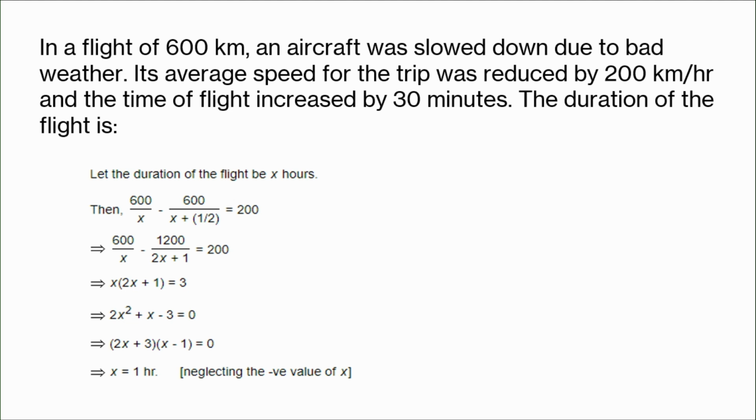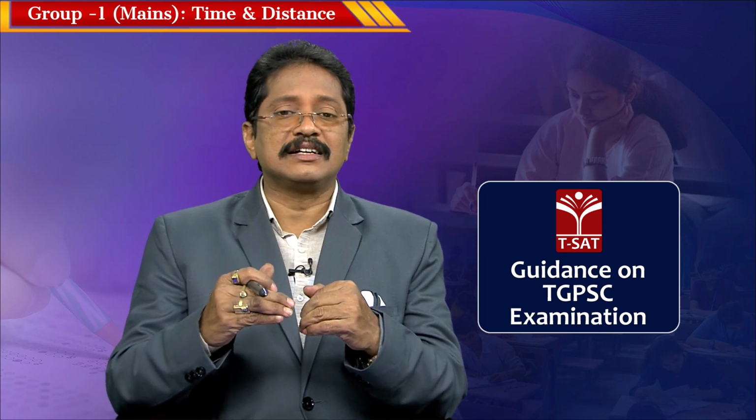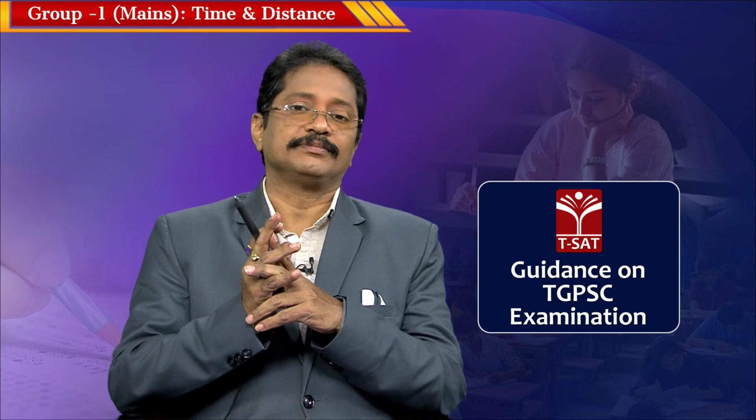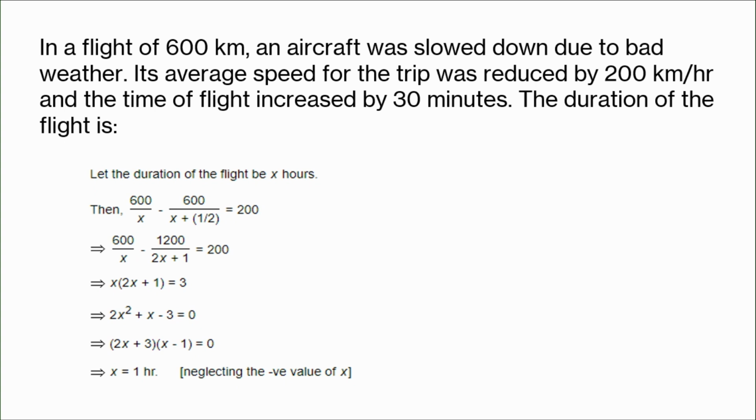We want to travel 600 kilometers by an aircraft, but due to bad weather the speed is reduced by 200 kilometers per hour. When the speed is reduced, obviously the time of flight will increase by 30 minutes. Then what is the duration of the flight?